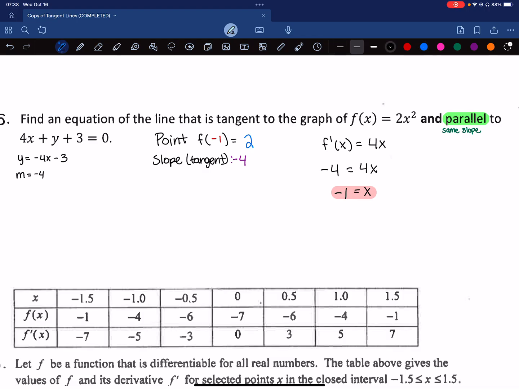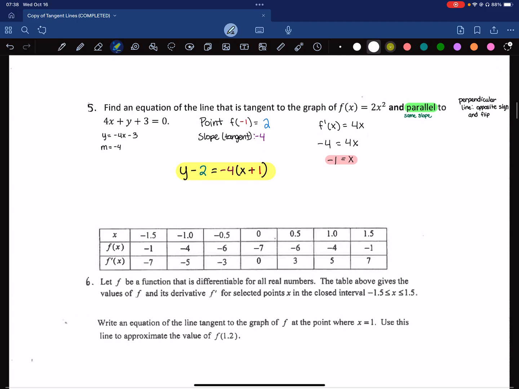So our equation is y minus 2 equal to negative 4 times x minus a negative 1. And that would be the equation of the tangent line. Okay, so there's that. Next one.